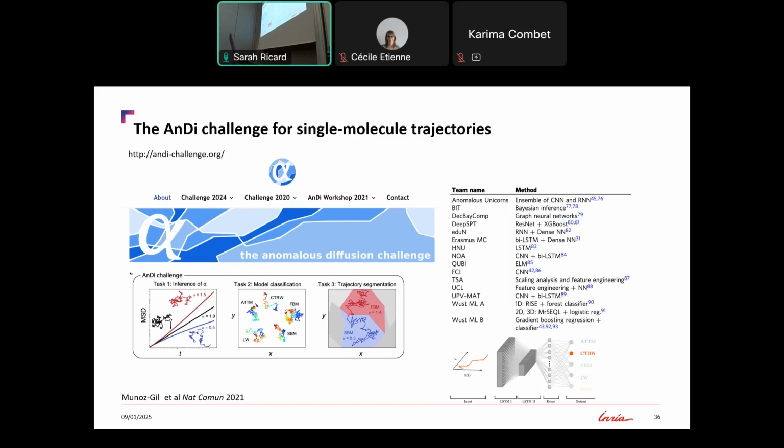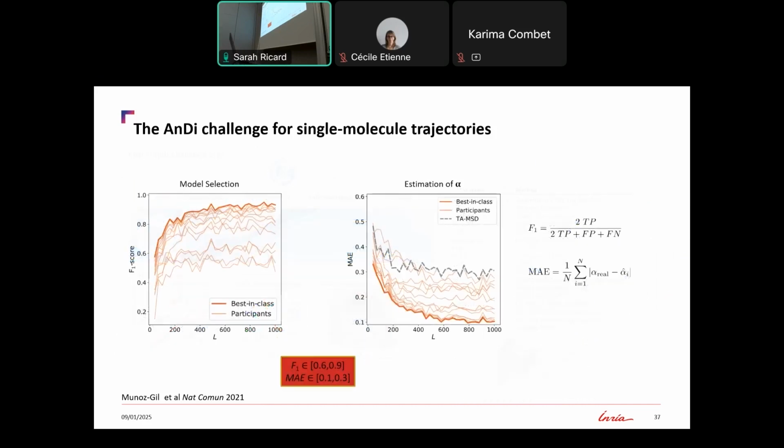So does it work? You have here the results of the challenge done 4 years ago. Every curve is a different participant, and the orange one is the best in class.